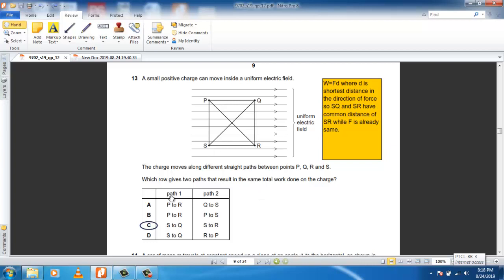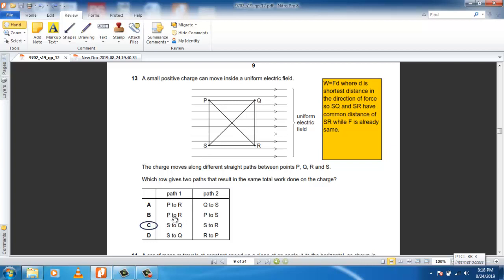Now, path 1 and path 2. A says P to R, path 1, and Q to S, path 2. No, P to R is along the electric field and Q to S is against the electric field. So it can't be the same.